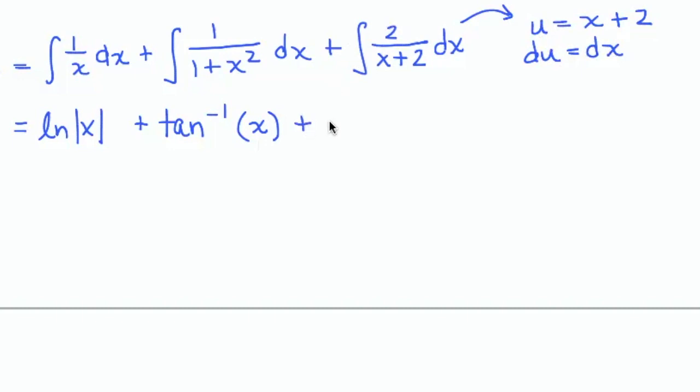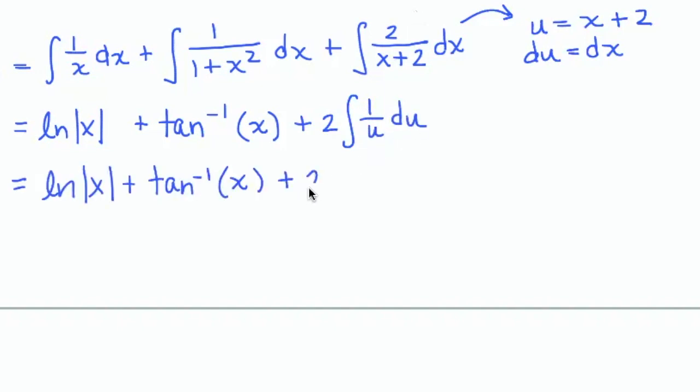I'm going to pull my constant out in front, so I'm left with the fraction 1 over u with a du. And then from here, this becomes the natural log of u. I'm going to put my plus c in now that I have finished all of my integrals.